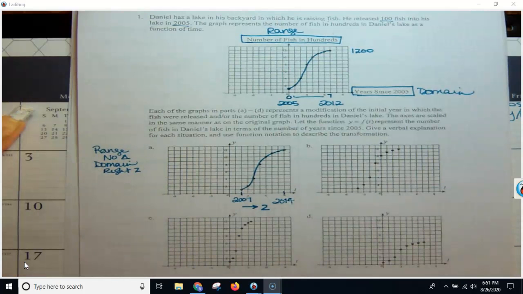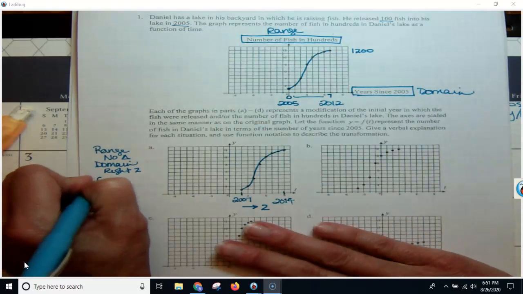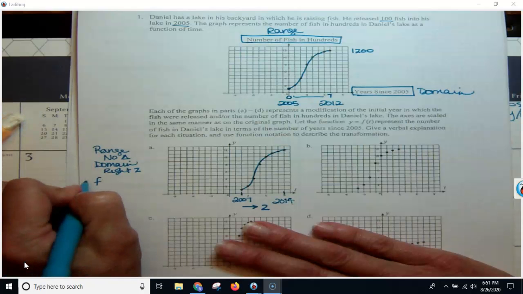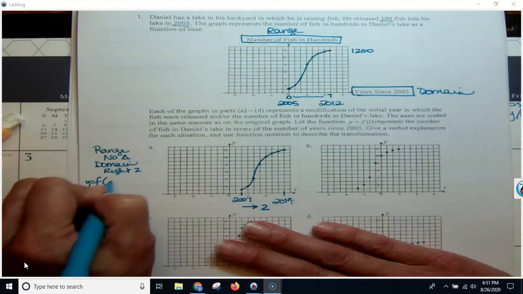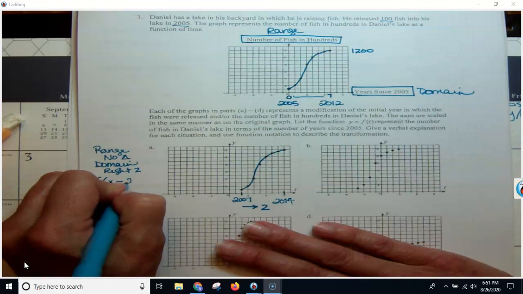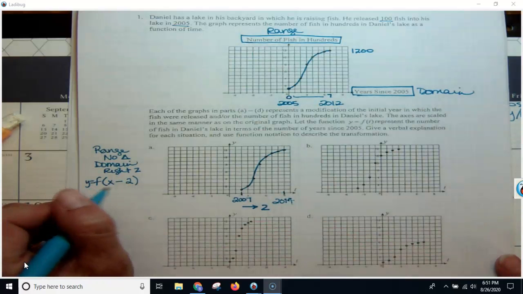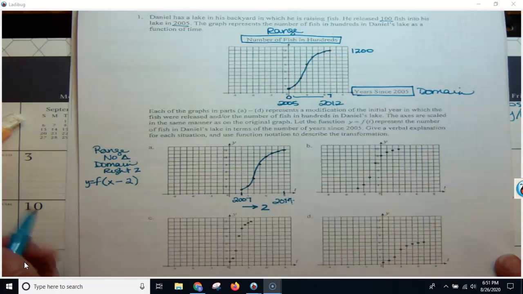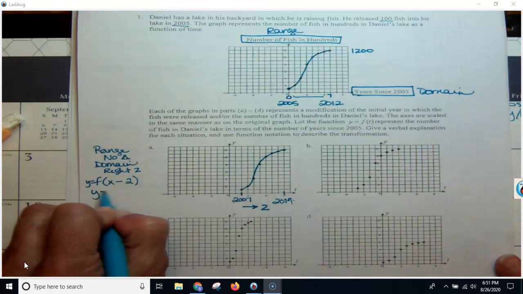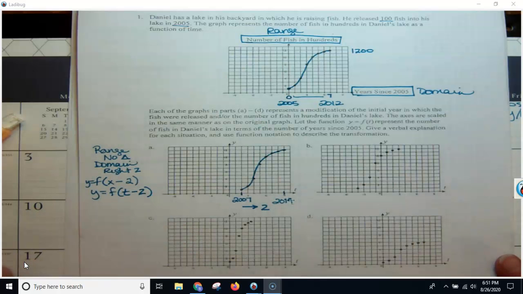Well, we know that when you change your domain, that's what's in the parentheses. So I'm going to rewrite this function as y equals a function of x, and it's going to the right, so that's going to be minus 2, because we know that negative is going to the right. And let's use the letter t because that's what's being used here. So let's use f of t minus 2.